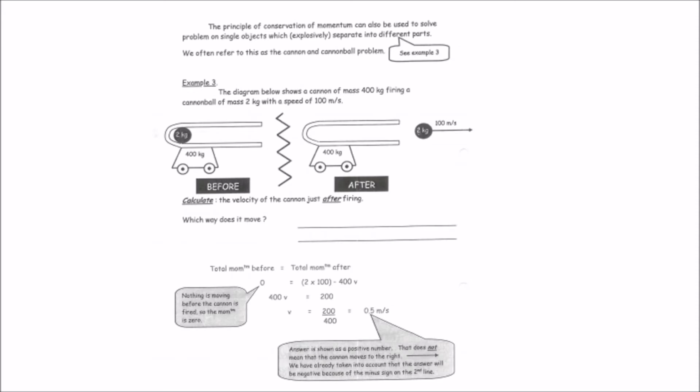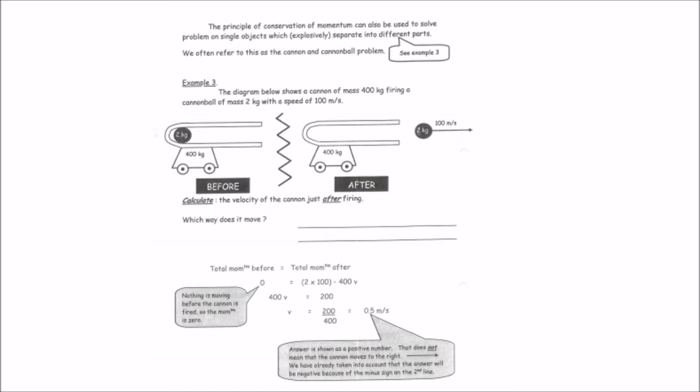Another question they like to chuck on an exam can be used in a gun or a cannonball type of question, where both objects are stationary and we have what's called a recoil after the explosion. Right, so let's look at this one.